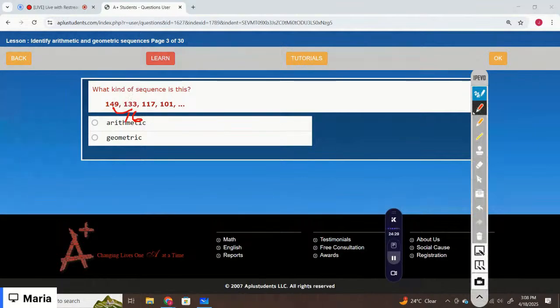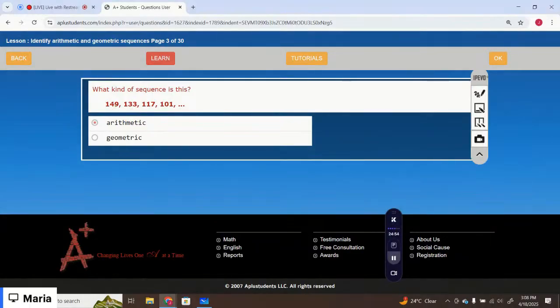Then 133 minus 117 is also 16. So the difference is constant. So that means that is the arithmetic sequence. Option number one is the correct option.